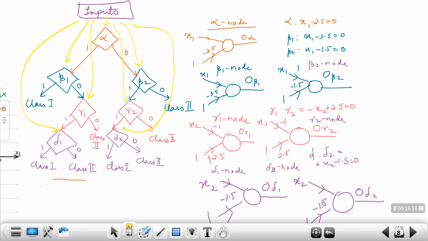So the inputs will be going to each of these nodes as shown by the yellow arrows. So we have solved this particular classification problem by using this neural network. You all can solve more problems for practice using the neural tree algorithm.